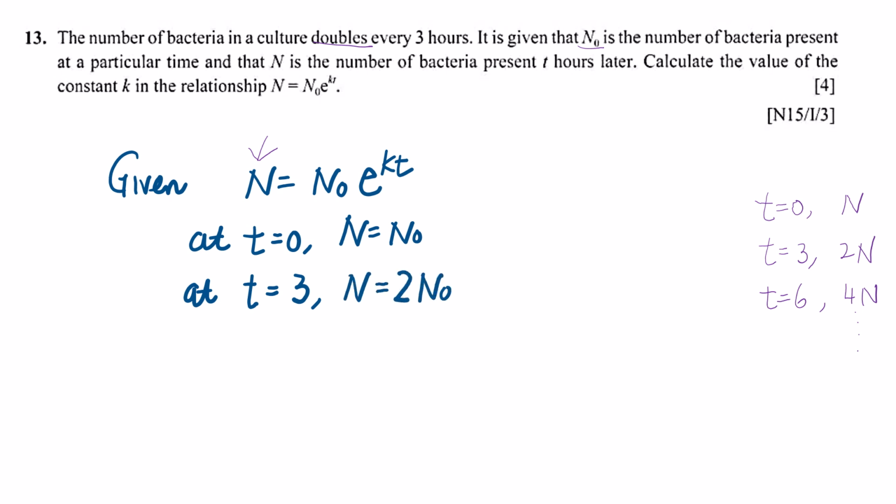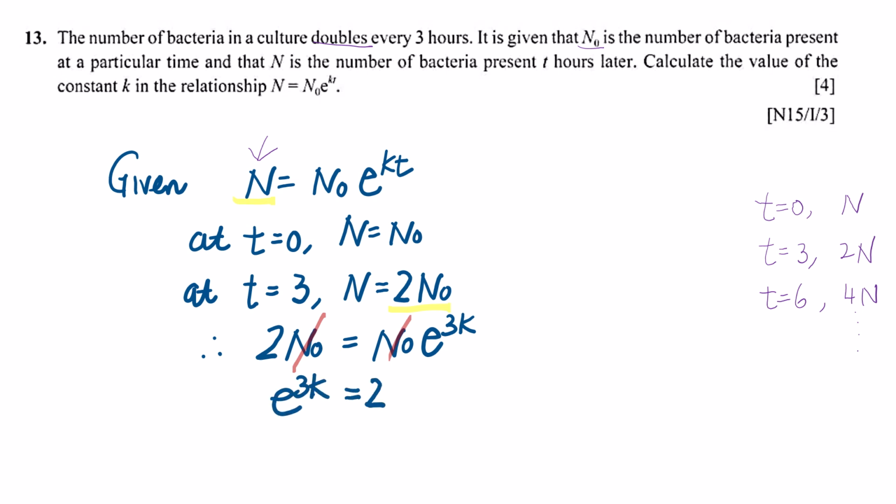So we're going to substitute this n with 2n0, and then we'll see what happens. The n subscript 0 will be cancelled off, leaving only 2 equals e to the power of 3k.